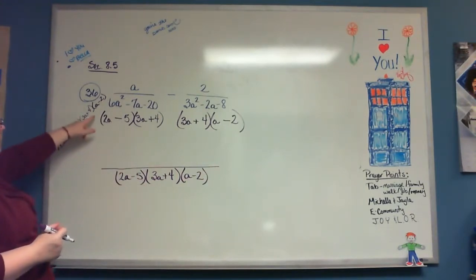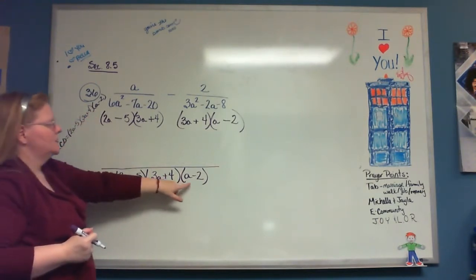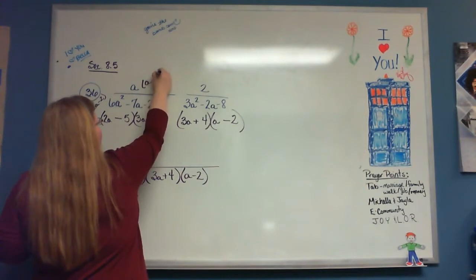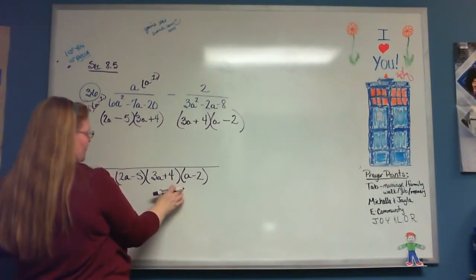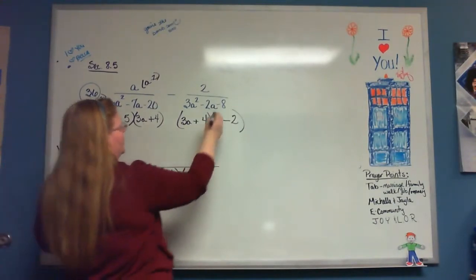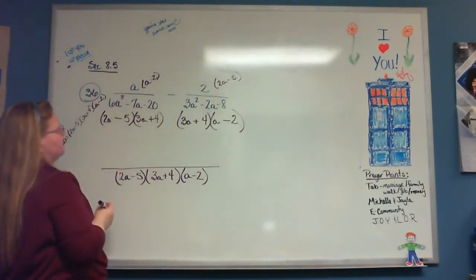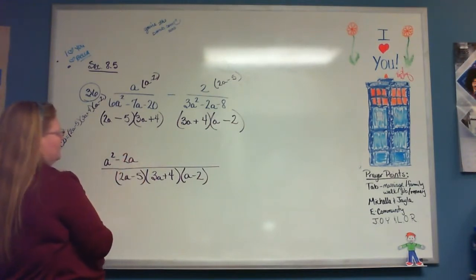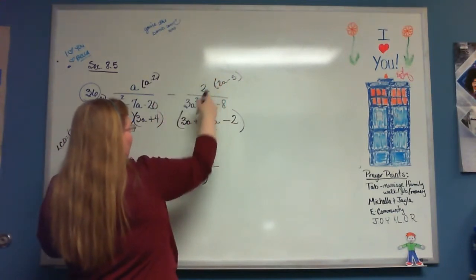So now the question is, what isn't here that is down here? Well, it's the a minus 2. That's what we're missing. So that's what I need to multiply my top by. And then what's not here that's down here? Well, the 2a minus 5 is what I need to multiply the top by. So when I do my multiplication over here, I end up with a squared minus 2a. Then minus everything that I get up here.